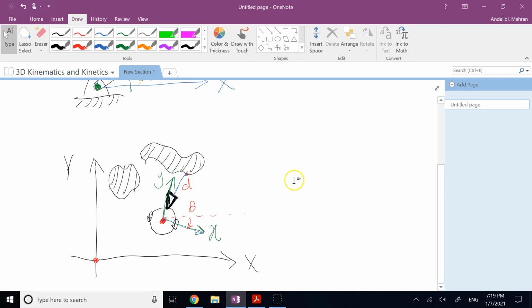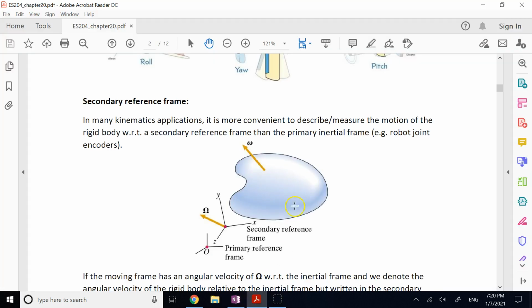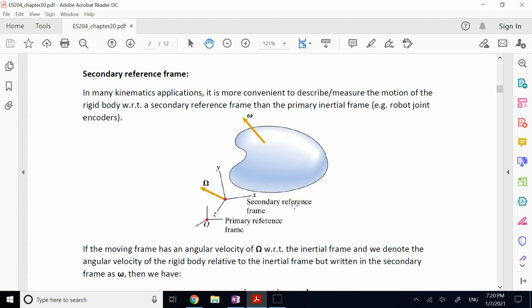So whenever it comes to sensors, most of the time especially, it is convenient that you have a secondary, sometimes a tertiary reference frame. Now, in this case, this is what we do. As I said, in these examples I mentioned, the secondary frame is typically rigidly attached to the rigid body that we are going to study.